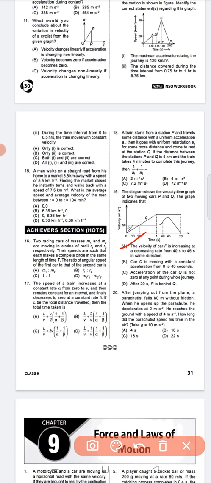He reaches the ground with a speed of 4 meters second inverse. How long did he spend in the air? Take g equals 10 meter second to the power minus 2. So question number 20, option D is the correct answer, that is 22 seconds.